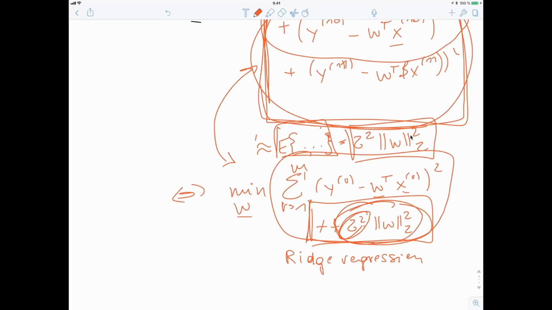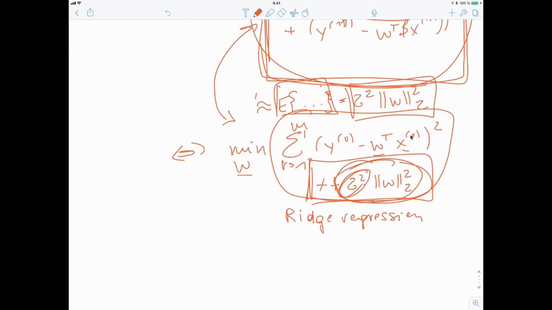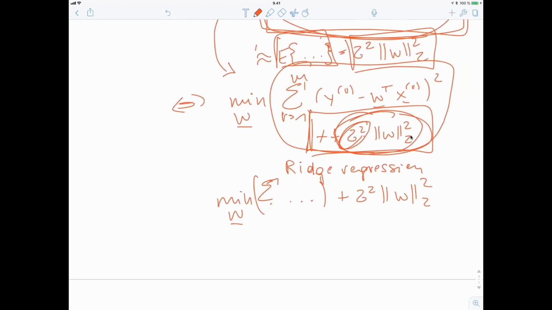So what's the third perspective then of regularization? Sorry? Model, yeah. So how is this related to model? Well, it turns out that if we write this down, minimizing this training error term plus sigma squared times the norm of w squared has a special structure.